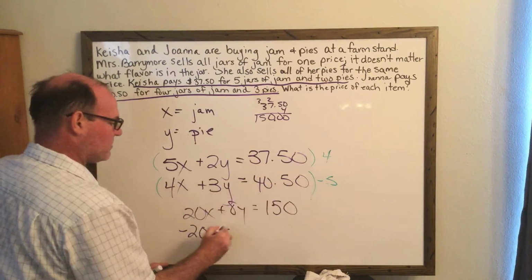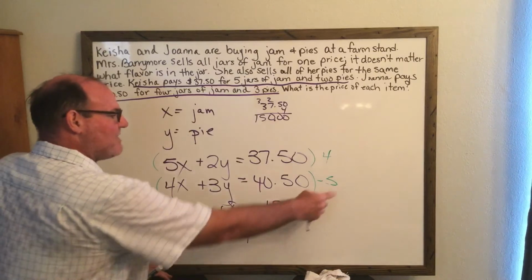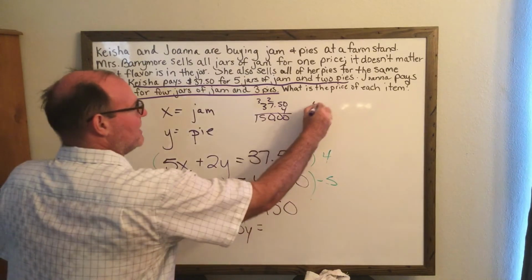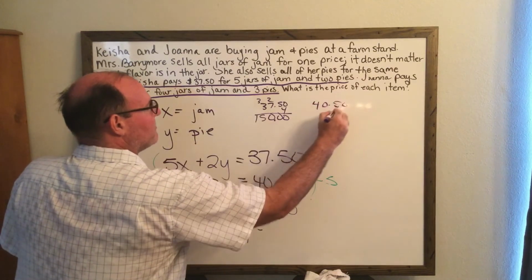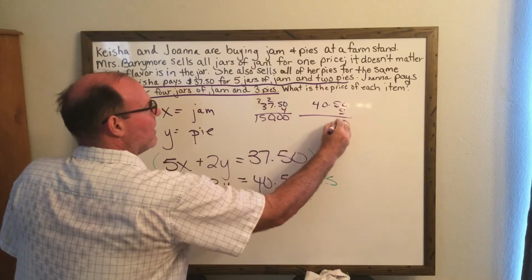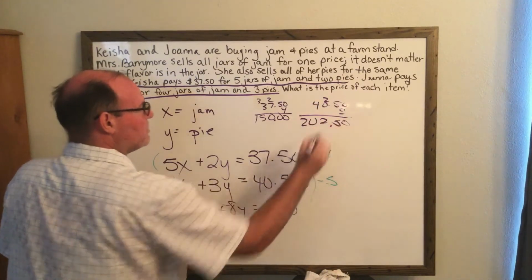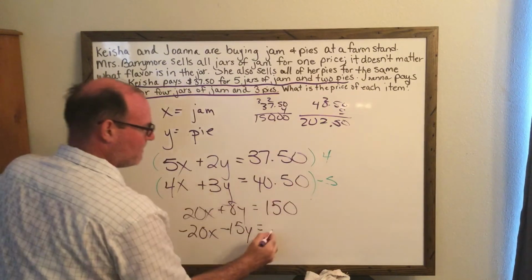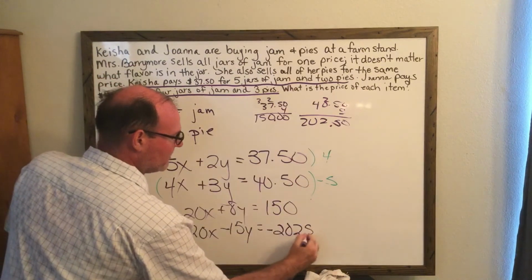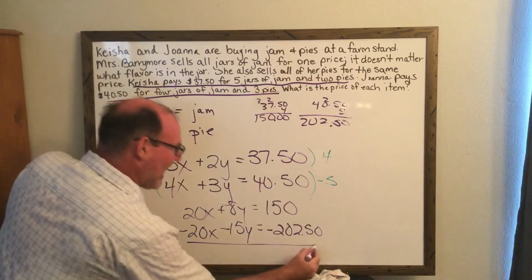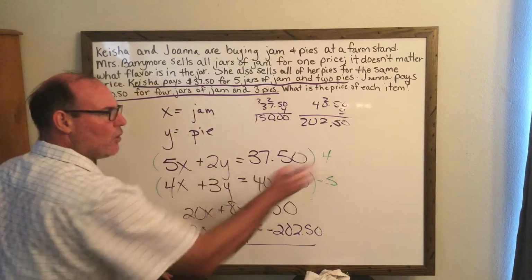Negative 5 times 3 is negative 15y. And then negative 5 times 40.50 is negative 202.50.